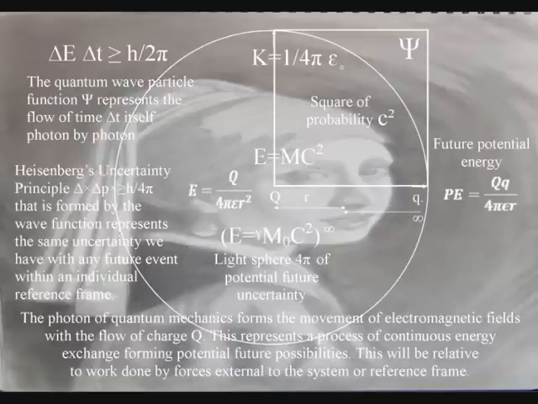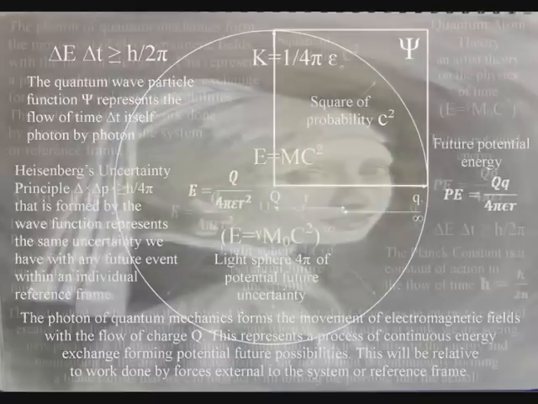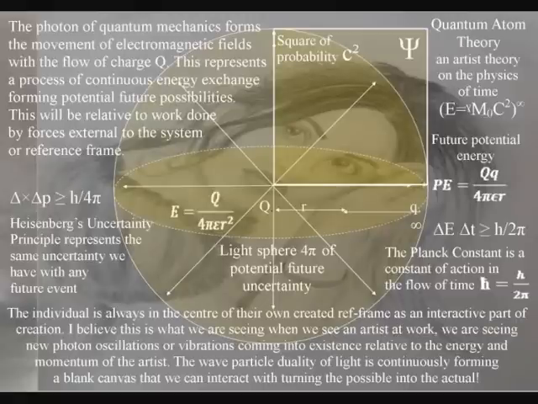In this diagram, instead of having 0 in the center of the diagram representing time equals 0, we have Q representing charge. Instead of having a number line representing the future, we have a test charge represented by a little q. The future is represented by potential energy in the form of voltage acting on a charge to move the charge from one point to another point.